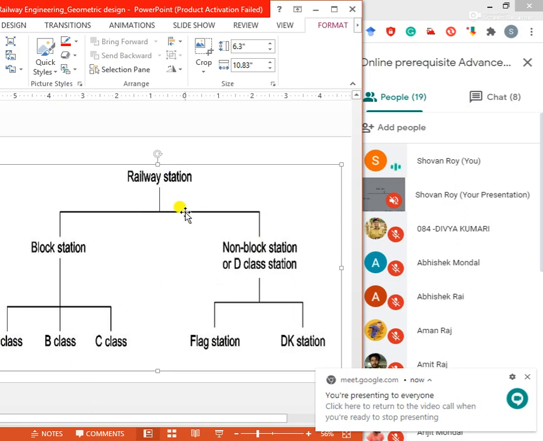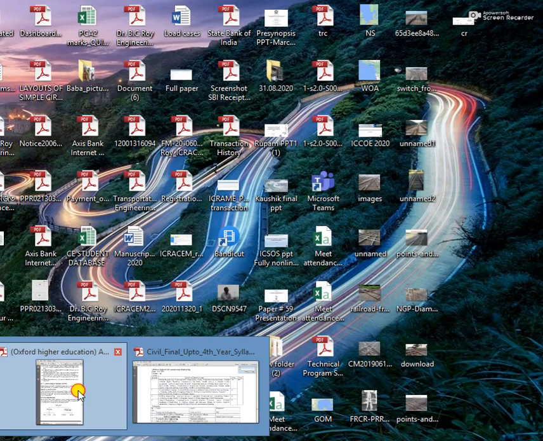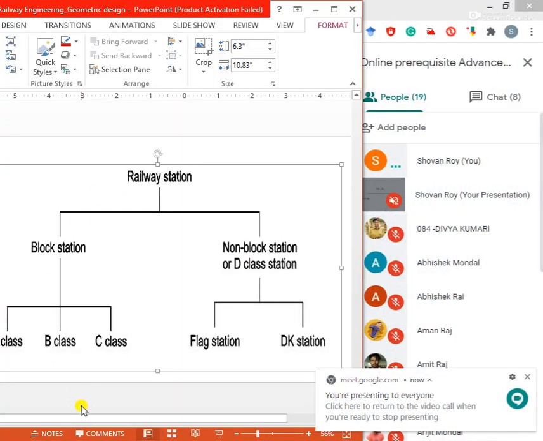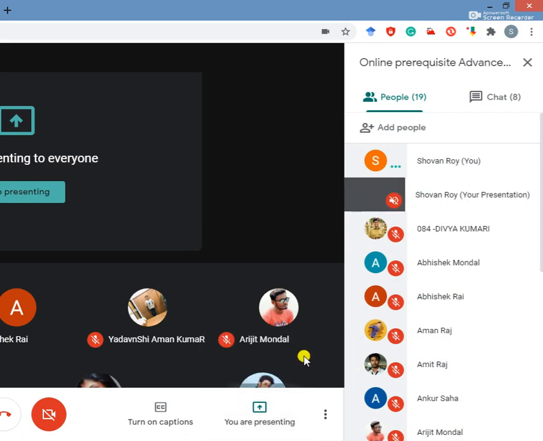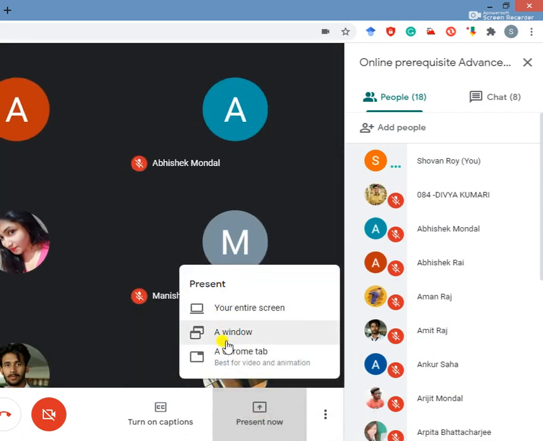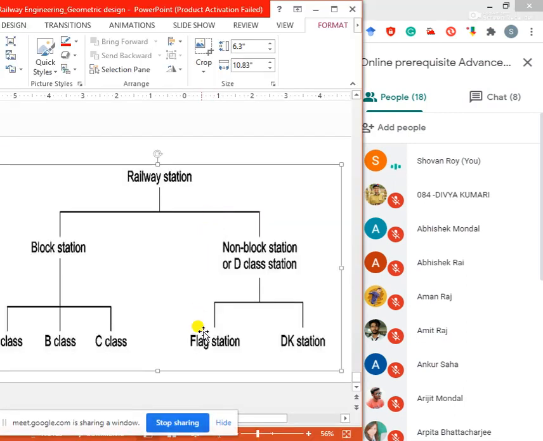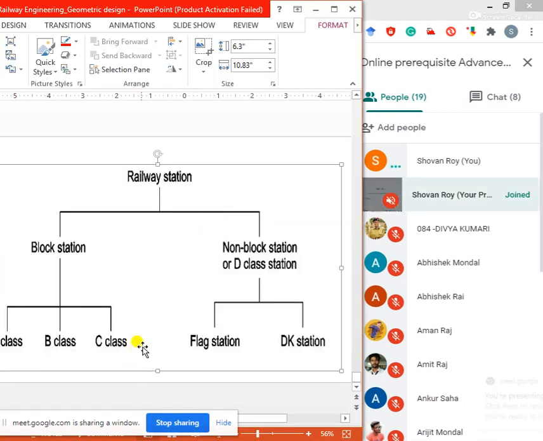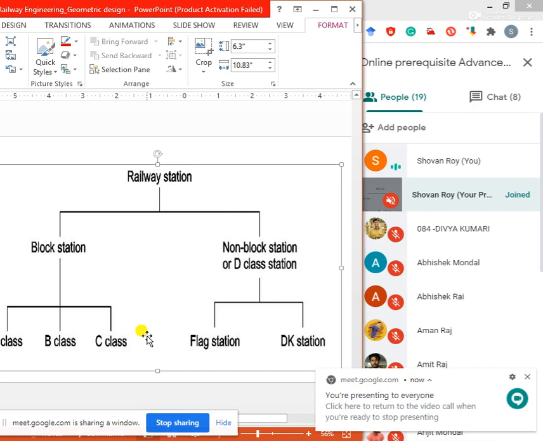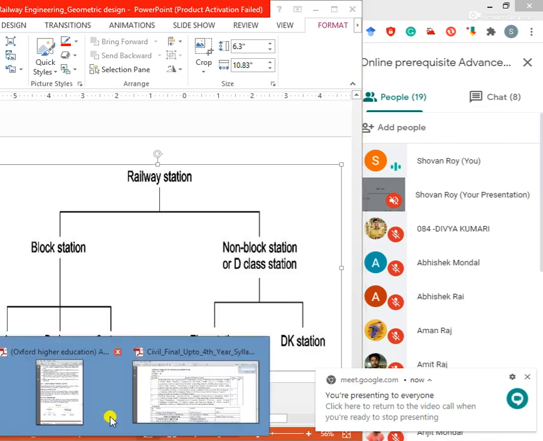Now it is visible. Just wait. Is it visible now? Yes. This is the classification of railway station.